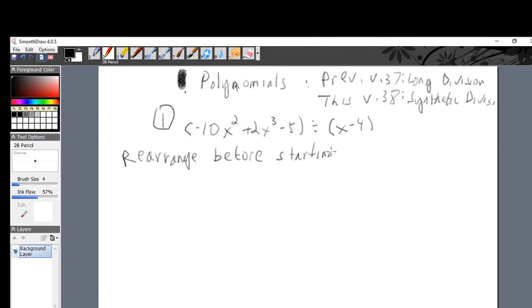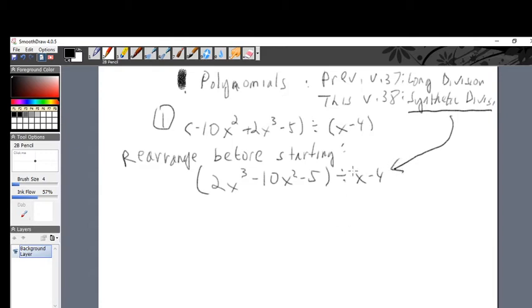First the 2x cubed, then go down in order, minus 10x squared, minus 5, this polynomial, divided by x minus 4. And now we plan on using synthetic division for this problem.